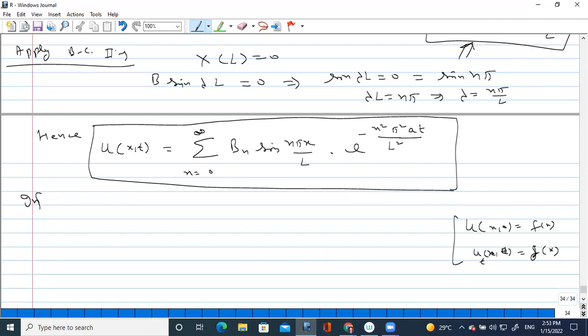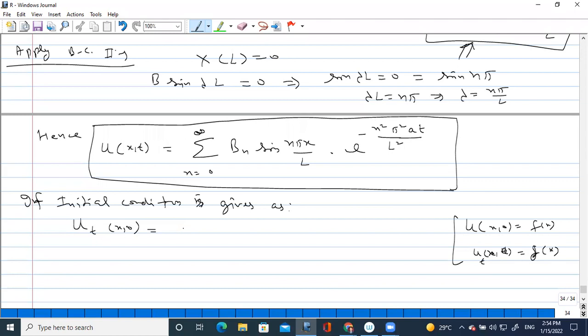If initial condition is given as u_t(x,0), so function we can take, but name will be different. Here it will not be velocity, it will not be initial velocity, but it can be an initial condition definitely.